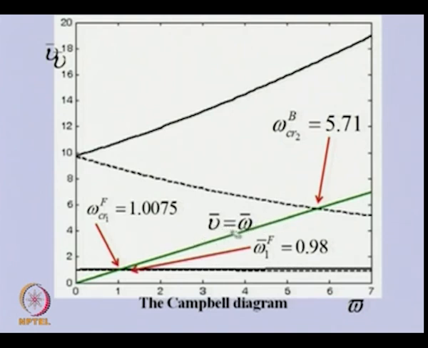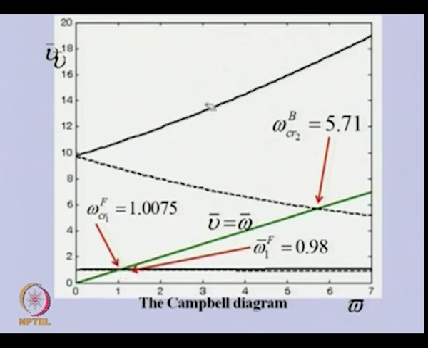Wherever this line intersects the frequency curves, there is a critical speed. The upper part is this one, which we have seen, one of the roots we got for the forward whirl, and similarly for the backward whirl. So there are two roots here, one for forward and the lower one for backward.